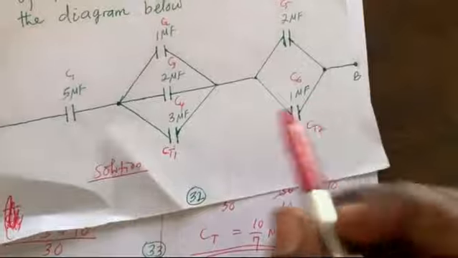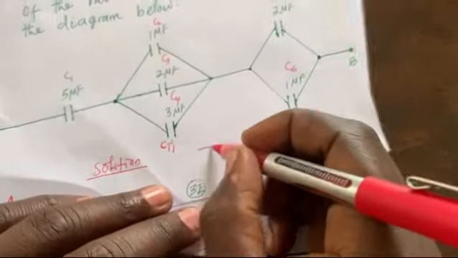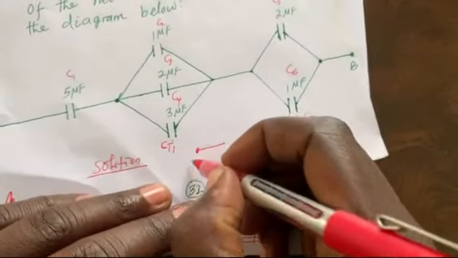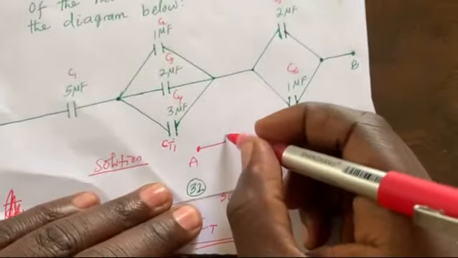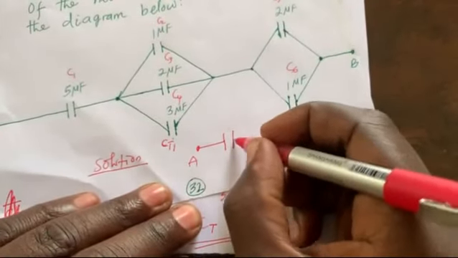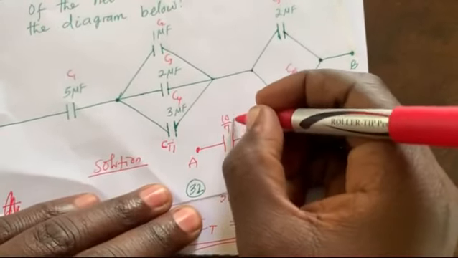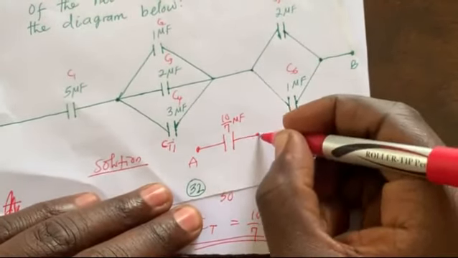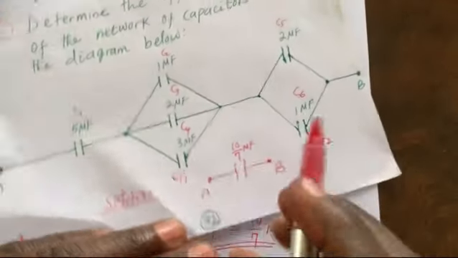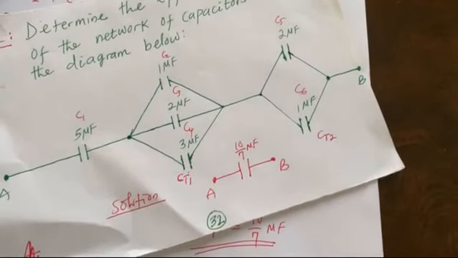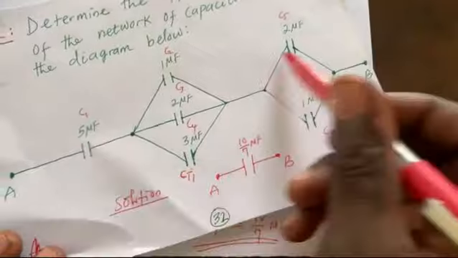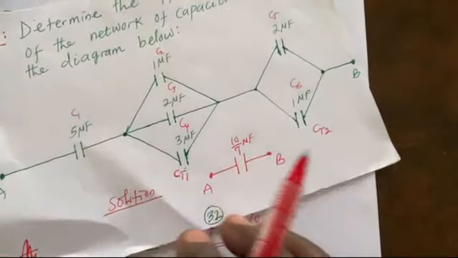There are 6. You can remove all of them, and between this A and B, you can place only one capacitor with this value, 10 upon 7 microfarad between A and B. Just this one will produce the same effect in the circuit as the combined effect of all these 6 capacitors combined together.